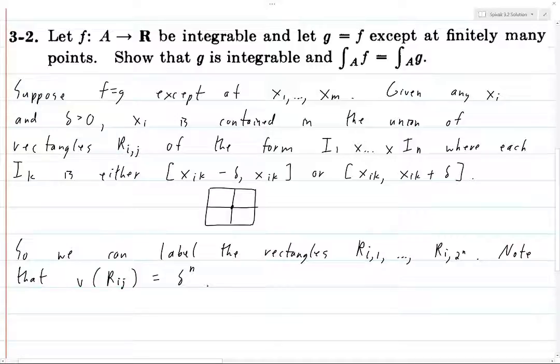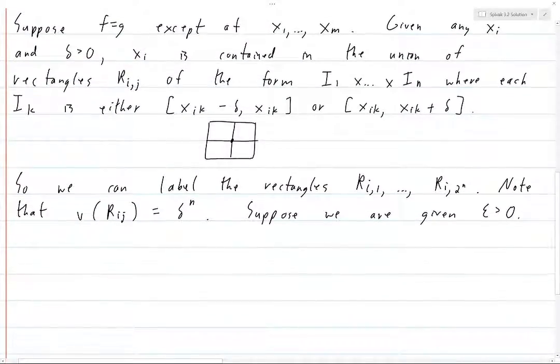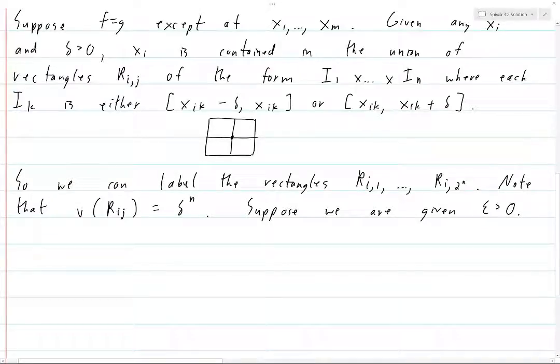Okay, so basically what we're going to end up doing, suppose we are given some epsilon greater than 0. Now I'm going to do what I maybe should have started with, but actually show what we're going to do.